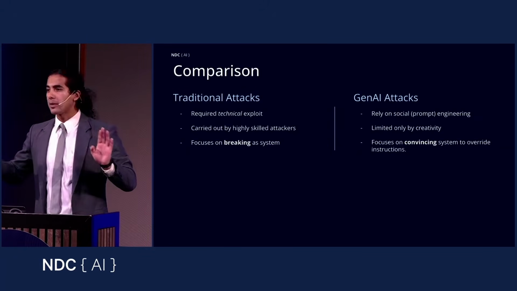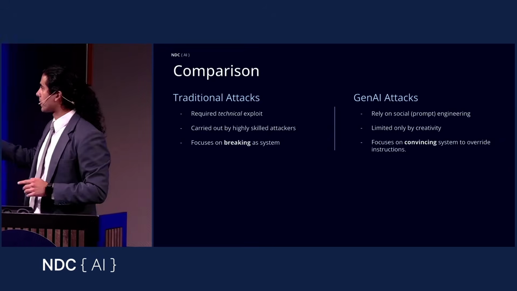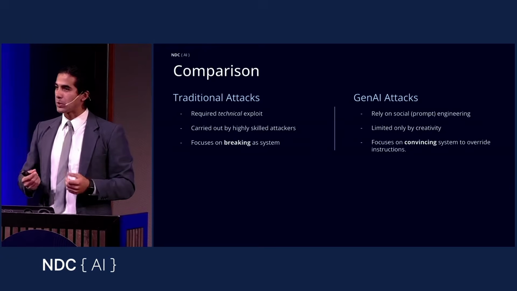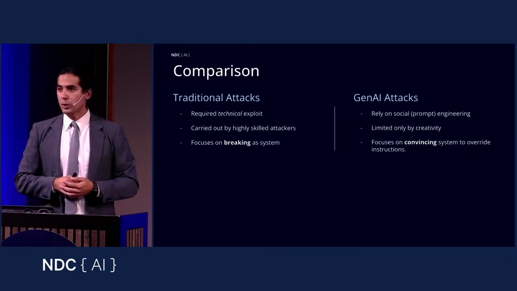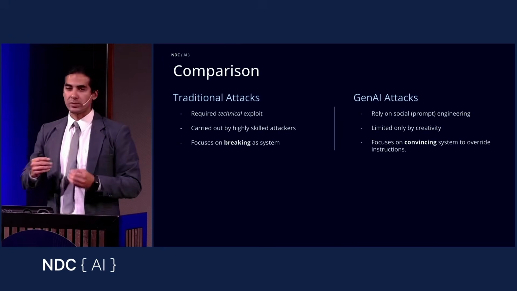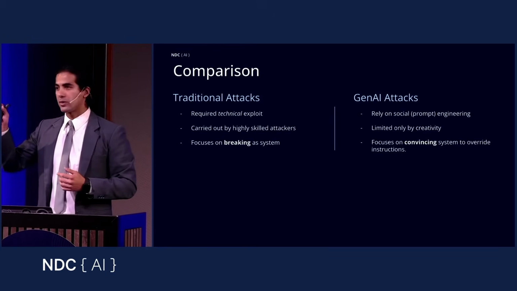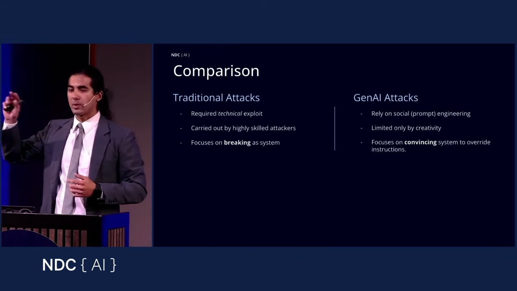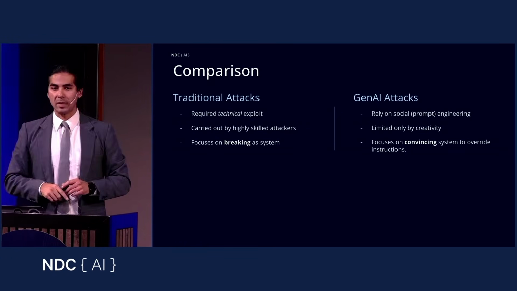So when we compare the types of attacks that we need for traditional systems, these often require a lot of technical expertise and technical exploits to be able to bypass the security measures of a system. We need a way of leaking some bytes from a pointer to then know where a memory region is, and then try to create some ROP gadgets to be able to go wherever we want in memory.